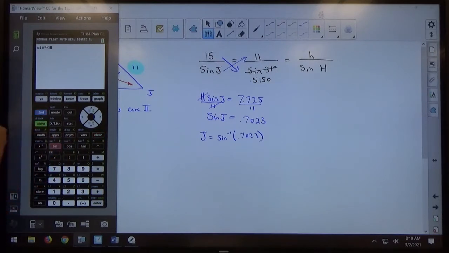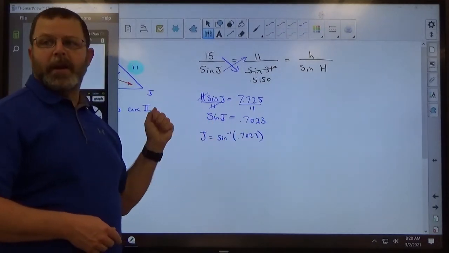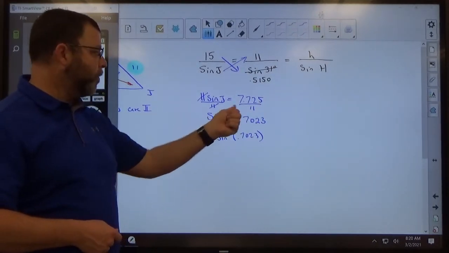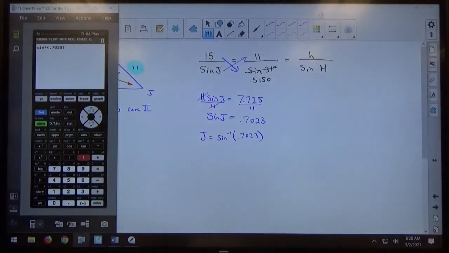So I want sine -1 of 0.7023. The function on the calculator says, I want to know what angle makes that sine value. If I know sine equals anything, then inverse sine of that anything equals the angle that made it. If this said tangent of j equals that, then an inverse tangent would make the angle. So that's what we're doing here to find the angle.